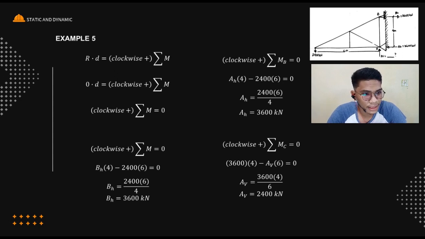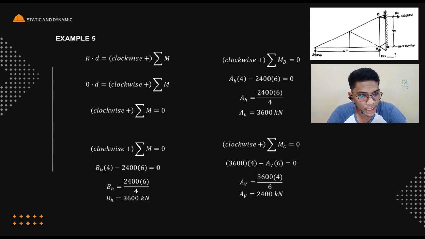So to find the AV, we can moment here at the 2,400 kilonewton, or we can say that this is the point C. So the summation of moment at C is equals to 0, considering that clockwise nga po is positive and then counterclockwise is negative.